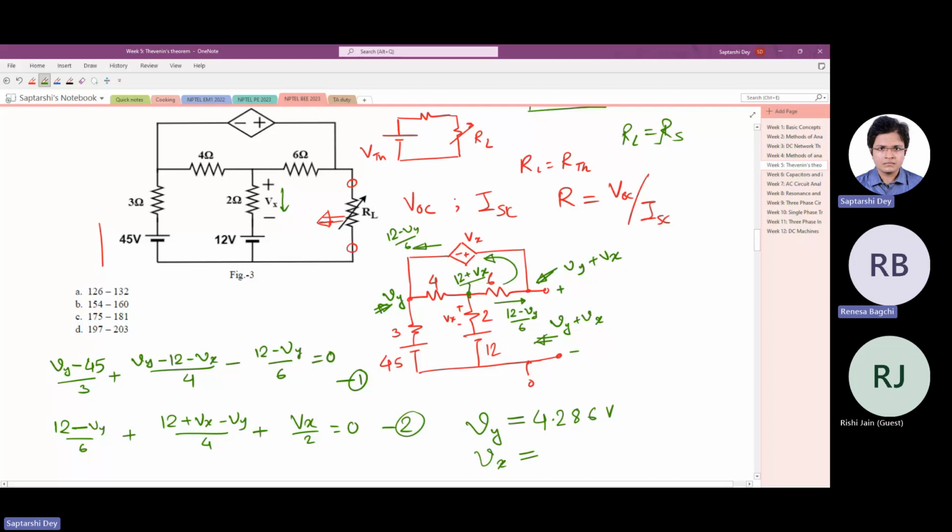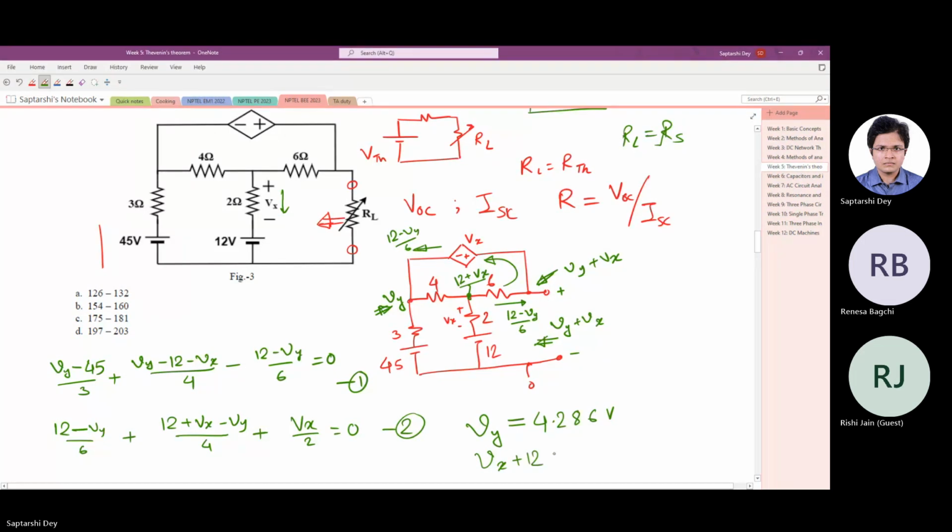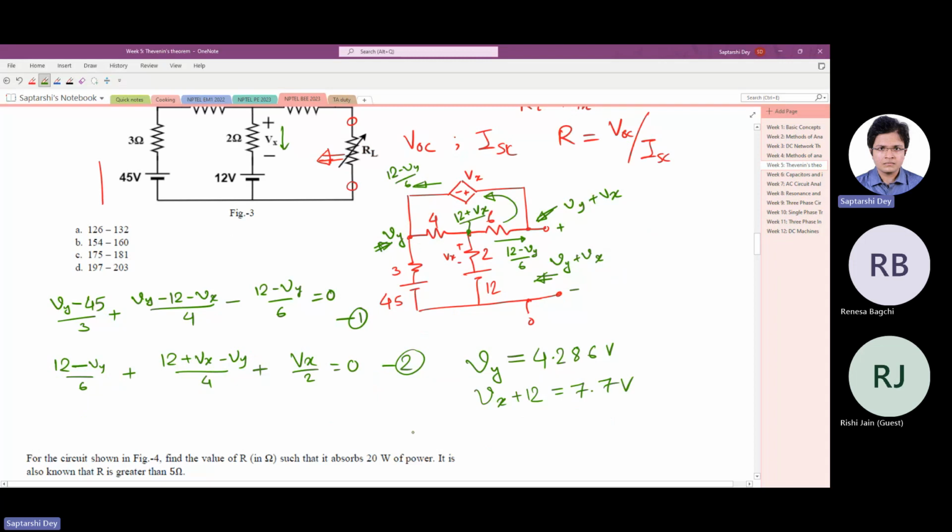Vx is coming approximately 8. Yes. Now it's coming 7.72, right. So let us say 7.72.